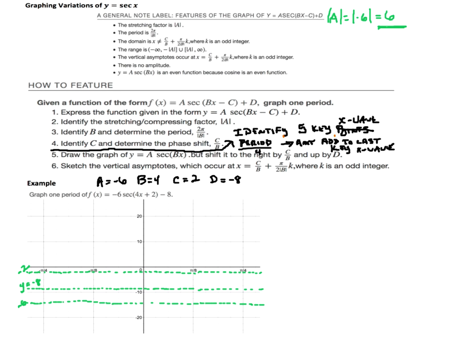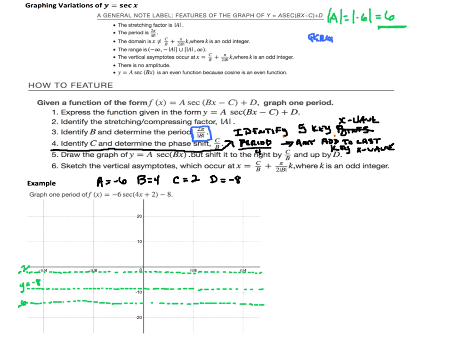Okay, so let's identify the period of the function. Let me change colors. And you can see the period is identified by doing 2 pi divided by the absolute value of b.